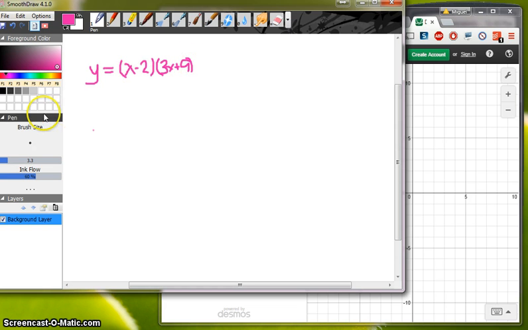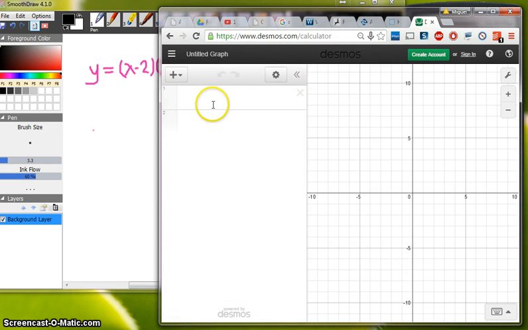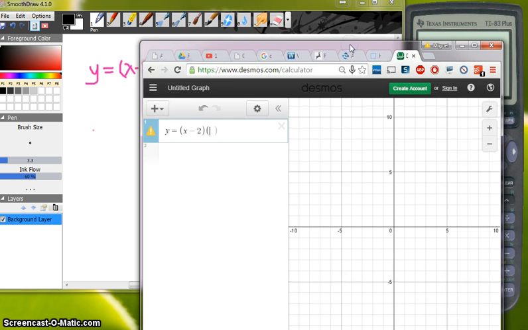On this one, the key here is that you type this in over here. Use this: y equals x minus 2 times 3x plus 9. There it is.